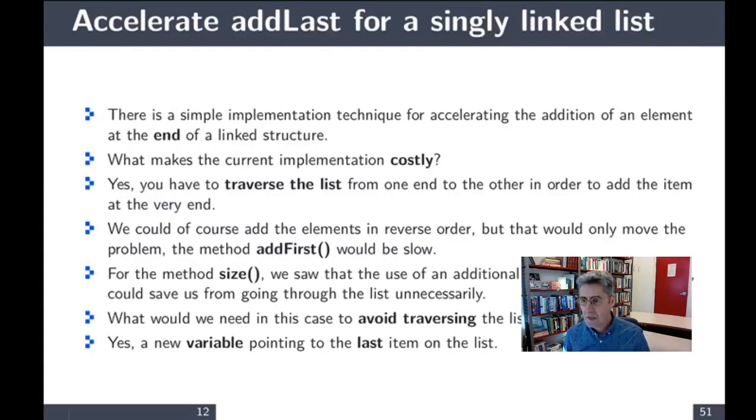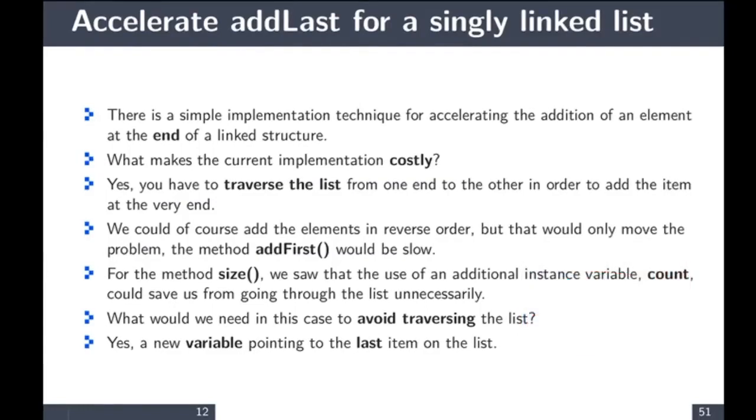Okay, so now we would like to accelerate as many methods as we can, and we're going to start by accelerating add last. It should be obvious from our previous discussion on the linked implementation of a queue that the trick here to accelerate add last is to keep a reference to the last node.